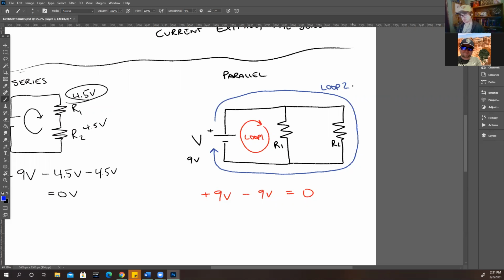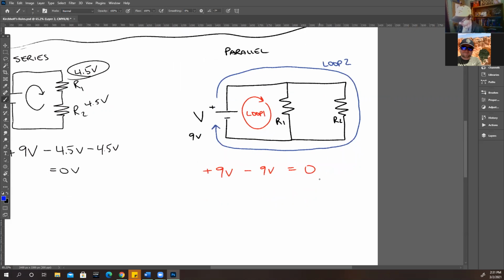Now, what elements are in loop 2? There's one battery and one resistor. I'm making these big, vague loops, but just remember it's traveling along that path and then going through and then coming back like this. So there's a battery providing power, and then there's one resistor that's taking that power, and it sums to 0.